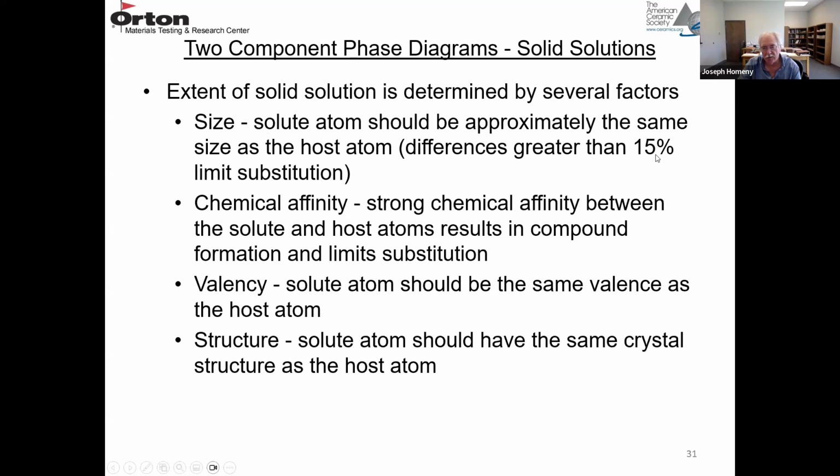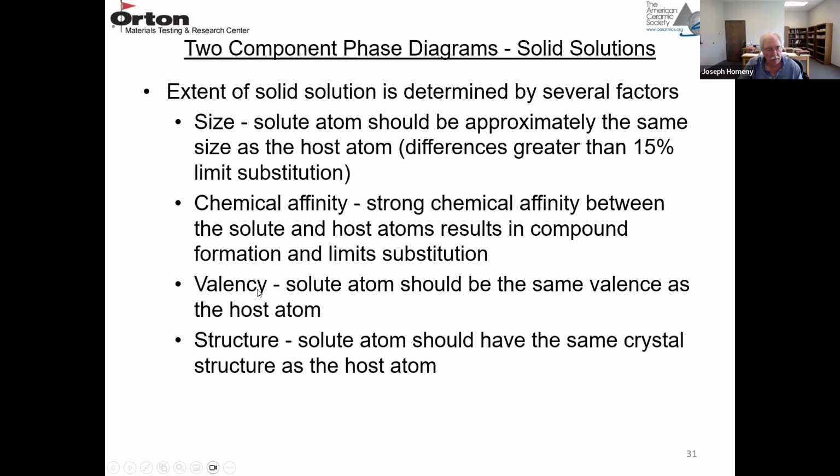If the difference is less than 15%, you have a good chance of forming a solid solution. Chemical affinity: if you have strong chemical affinity between the solute and the host solvent atoms, you're probably going to form a compound. And that's really going to limit the amount of solid solution that forms.